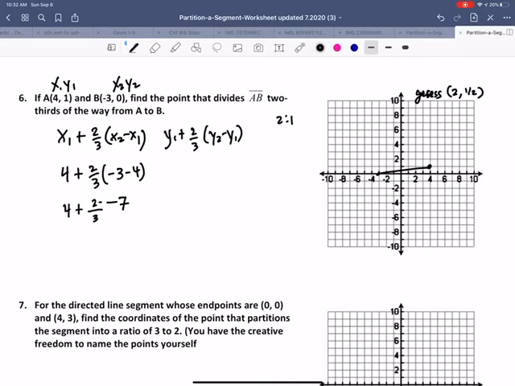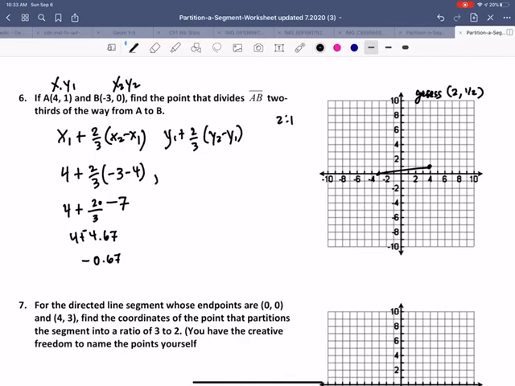So yeah, I'm getting a decimal here. So 2 times negative 7 is negative 14. And negative 14 divided by 3. So I get 4 plus 4.67. But that's a negative. Okay. So 4 minus 4.67 is negative 0.67.